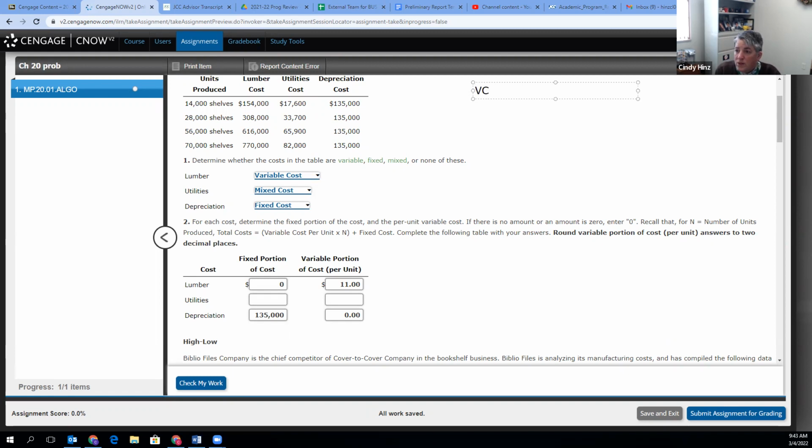We know that the slope M is the variable cost per unit, the way we discussed it in class. And we know how to find slope. We take the change in Y's. The Y is the total utilities cost. So our high point is 82,000, the low point is 17,600. And we divide by the change in X, that's the number of units.